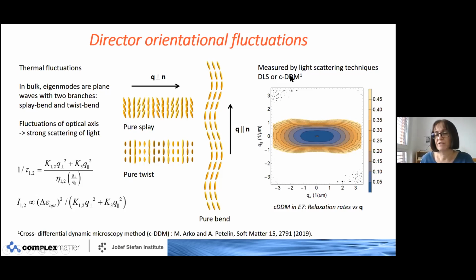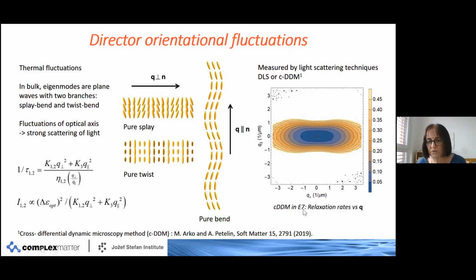The advantage of these methods is that we can simultaneously measure the relaxation rates of the fluctuations in a wider range of wave vectors and in more directions simultaneously, as is shown in this graph, where the relaxation rate versus the wave vector and its direction is shown.